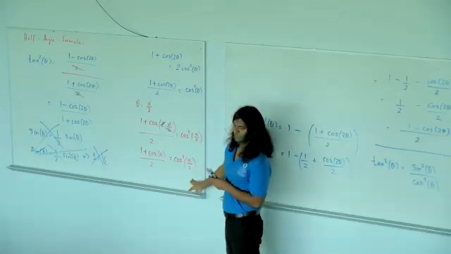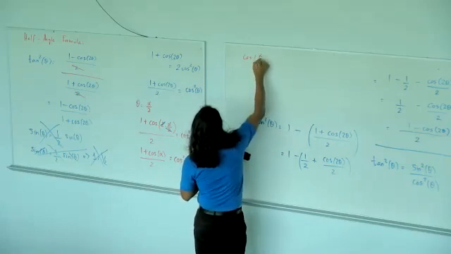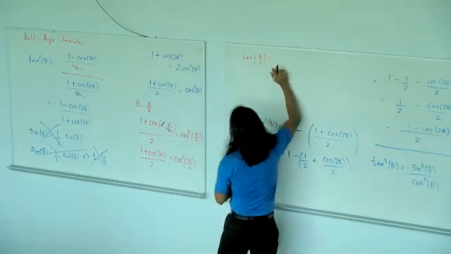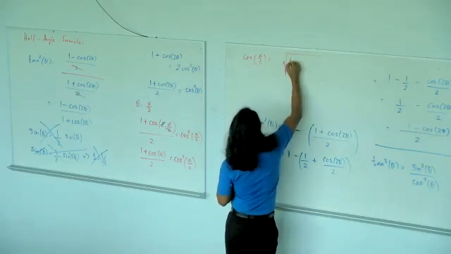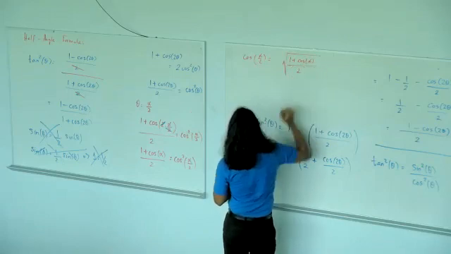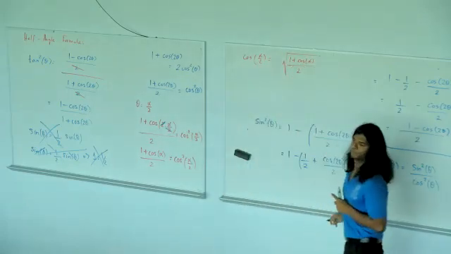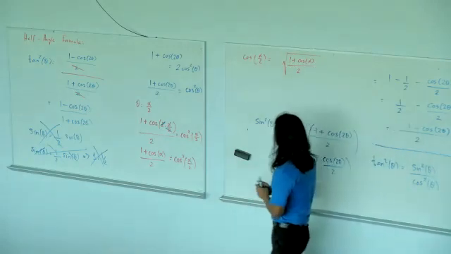Now we want to solve for this, so you take the square root on both sides. So cosine alpha over 2 will be the square root of (1 plus cosine alpha) over 2. Good. I simply took the square root on both sides.